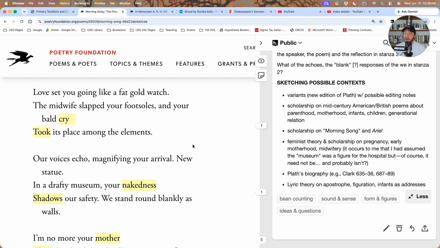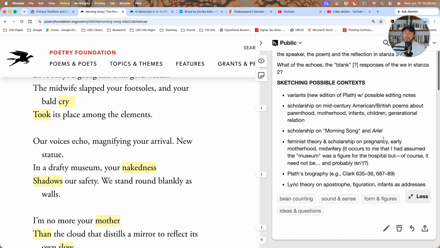And so it occurred to me that I probably need to do quite a bit more reading about pregnancy, childbirth in mid-century United States, Britain, and also feminist scholars who theorize some of the culture and institutions and policies and experiences of women or pregnant people who moved through those spaces or experiences.